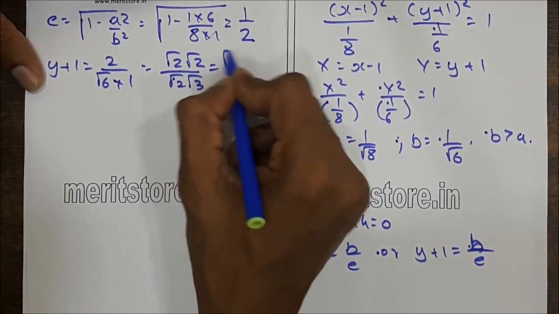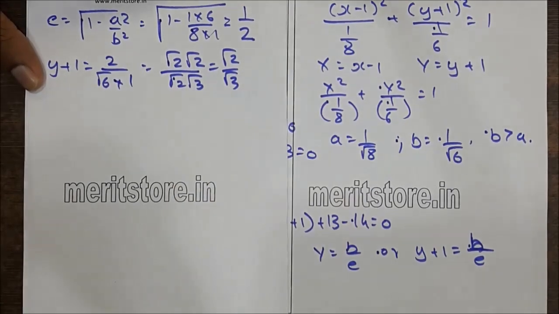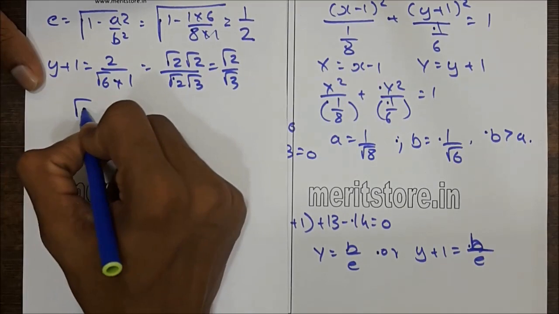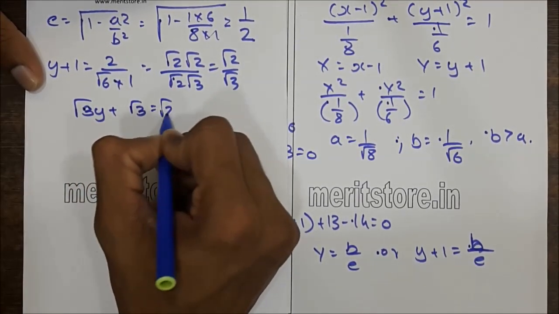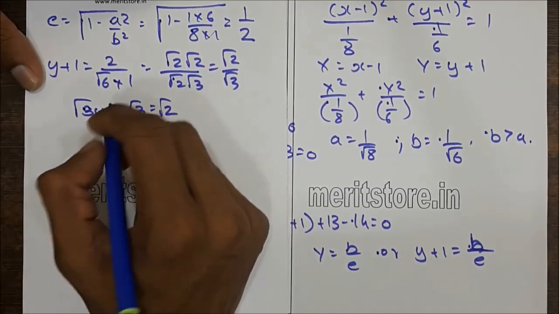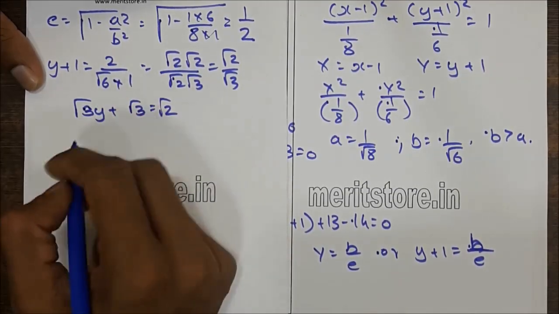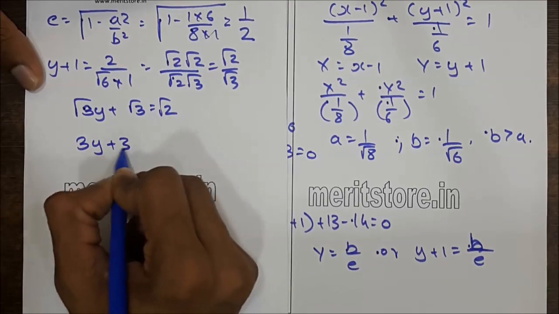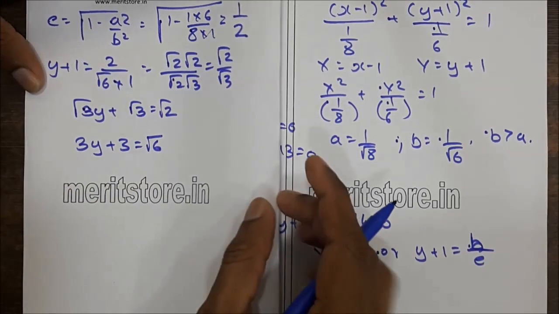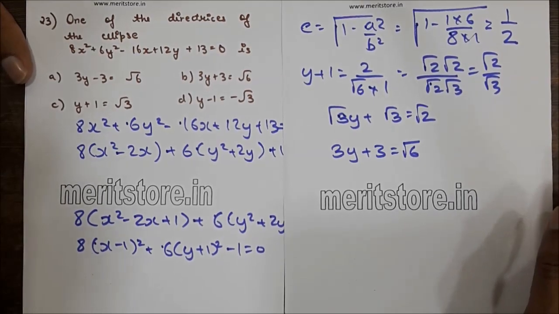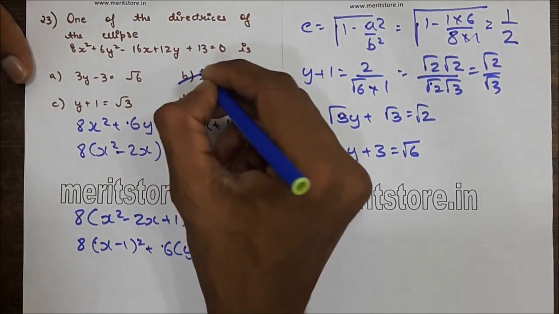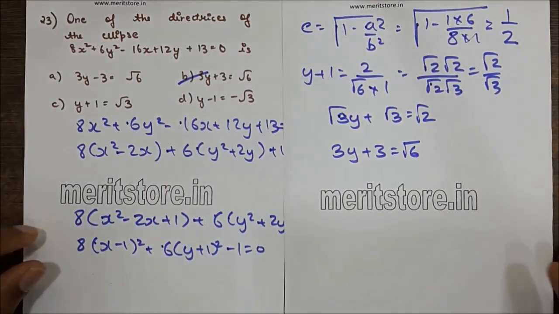Further solving this, we get root 2 upon root 3. Further solving, we get root 3 y plus root 3 equal to root 2. Multiplying by root 3 on both sides, we get 3y plus 3 equal to root 6, which is our option B. Therefore, option B is the correct answer.